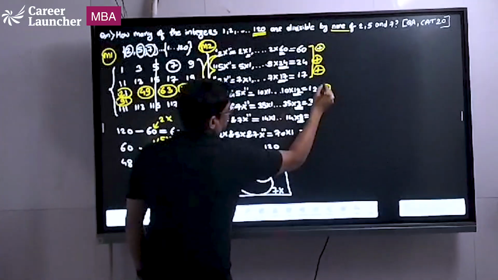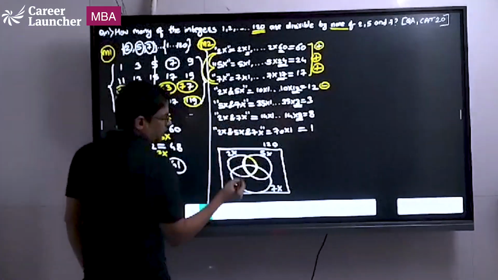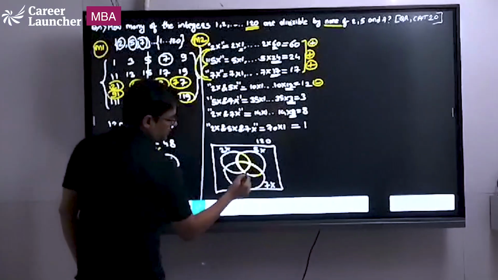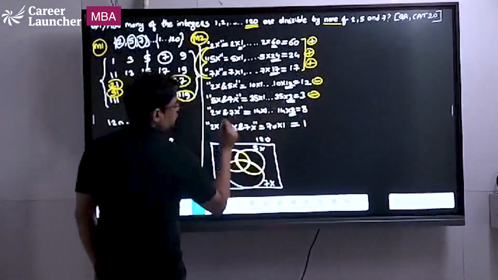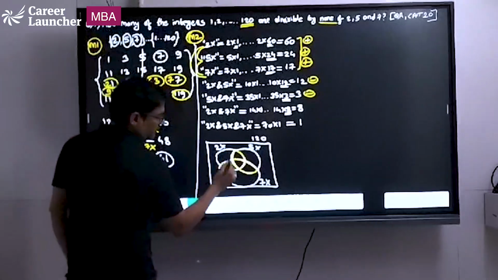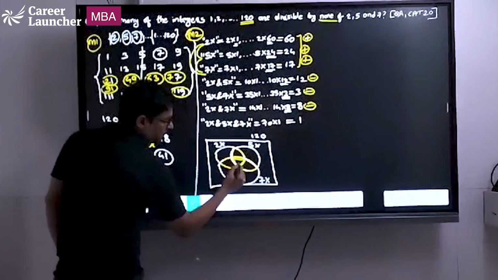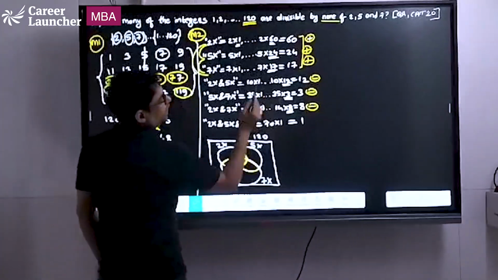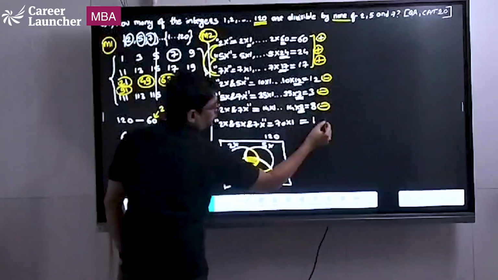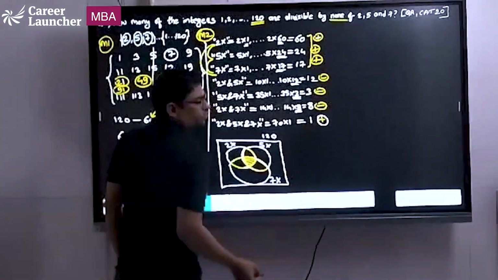So I would be removing it once. Same way, multiples of 5 and 7, and multiples of 2 and 7. These have to be removed once. If I consider this particular area, this was counted thrice and removed thrice. So I will have to add it once.